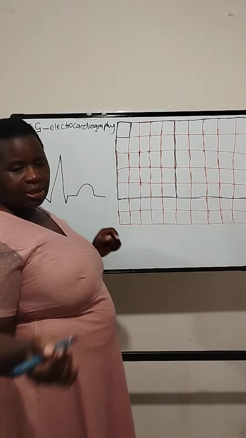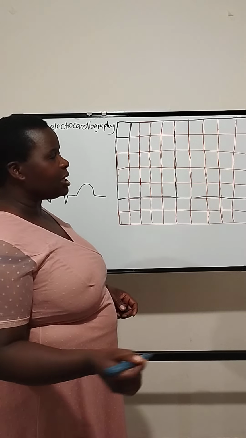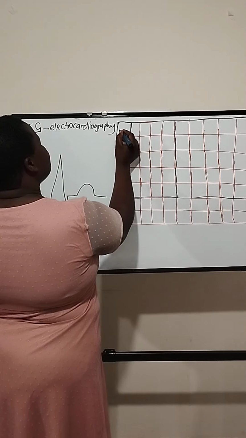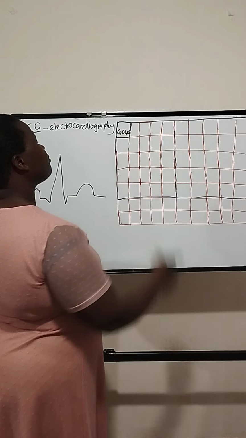One smaller box of the graph that is used to represent an ECG is 0.04 seconds.